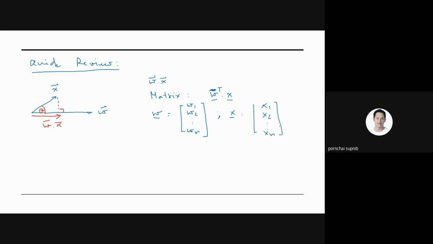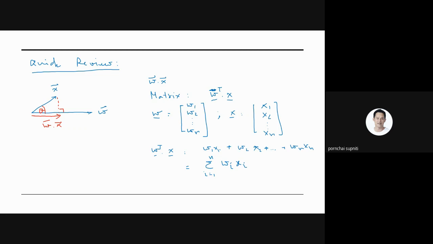This is how we define it. So w transpose times x is nothing but w1 x1 plus w2 x2 all the way to wn xn. Or we can write it as the summation of wi xi, i equal to 1 to n. So you can write it like that also.